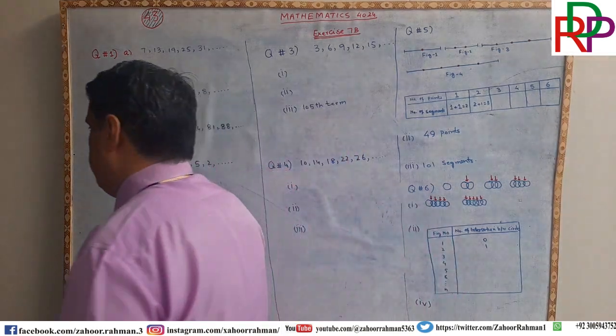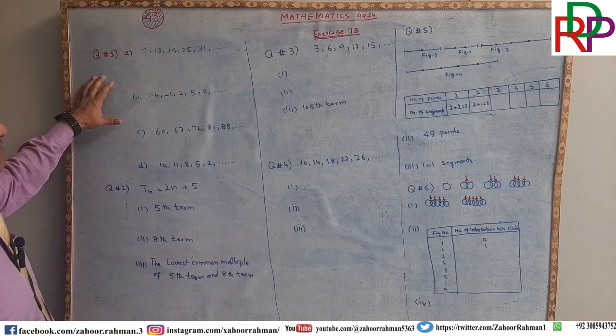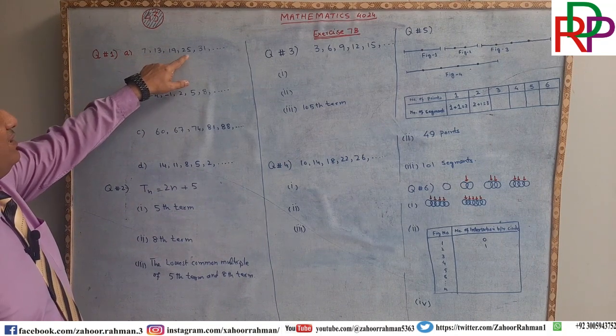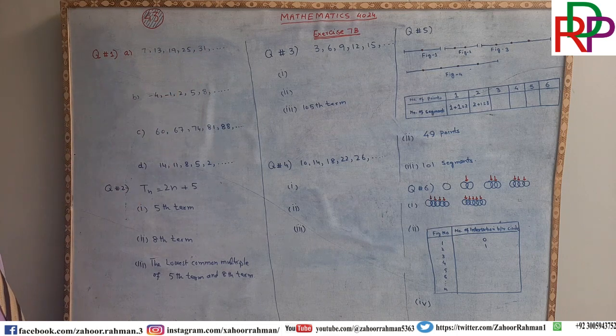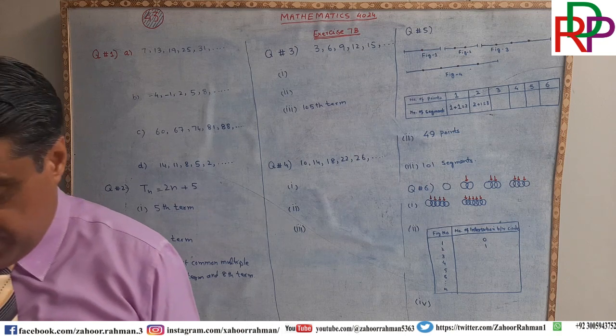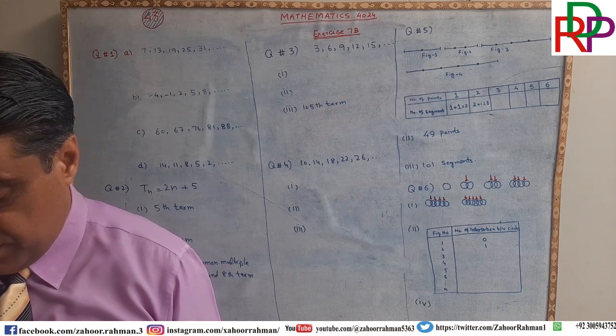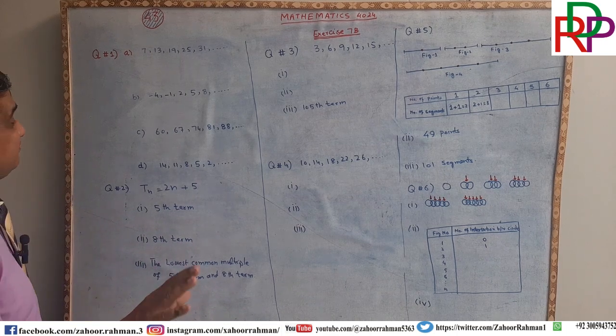So, ladies and gentlemen, in the first question, they are saying to observe these numbers and construct a general formula. The question is saying, find a formula for the general term of each of the following sequences.